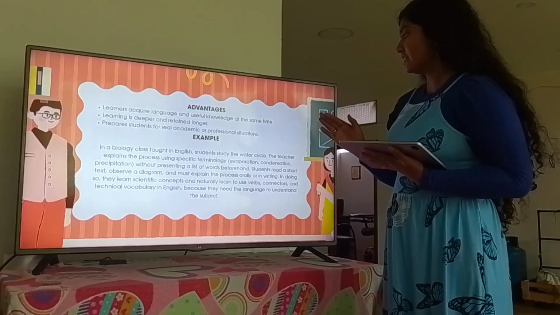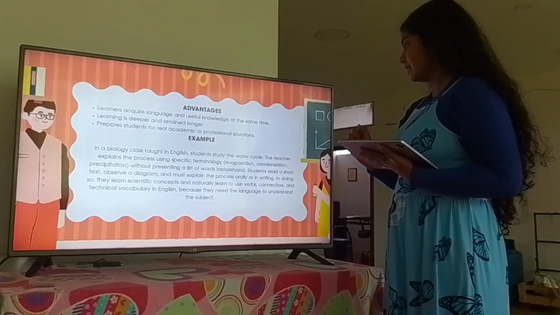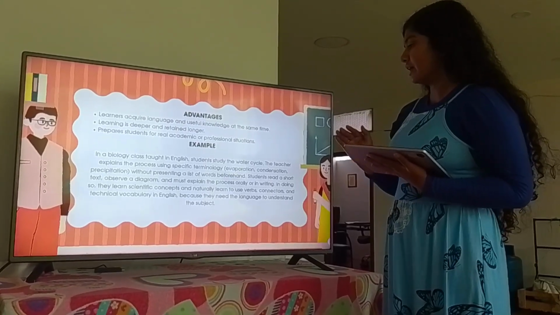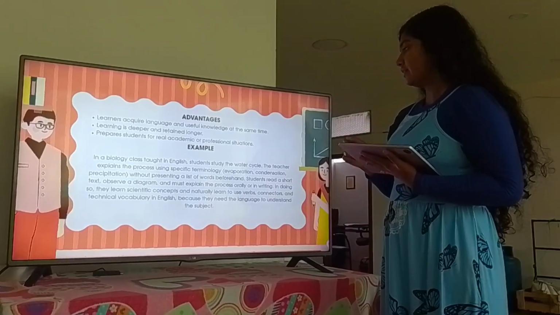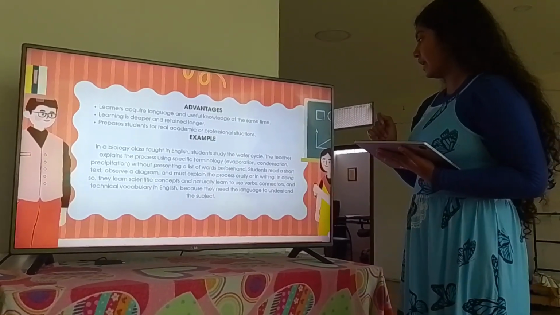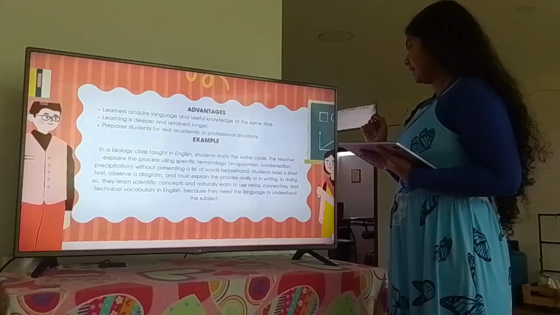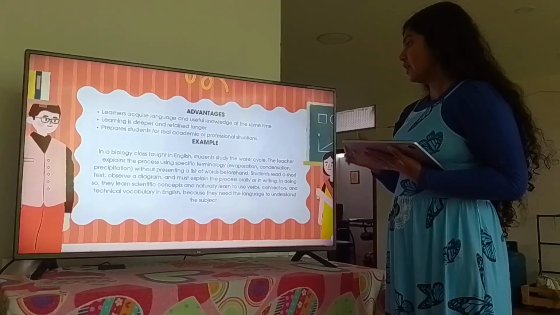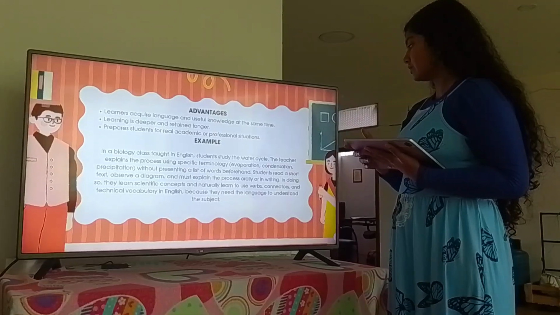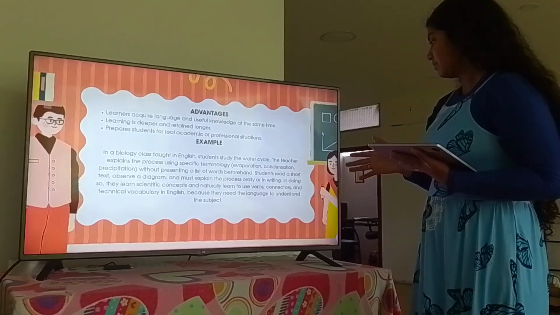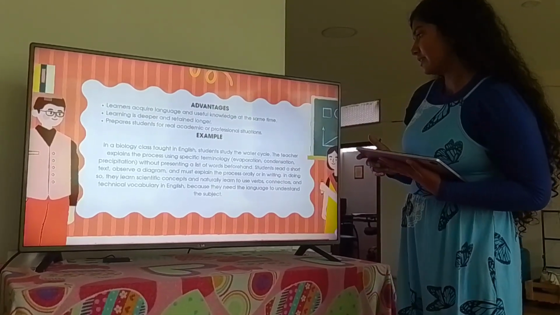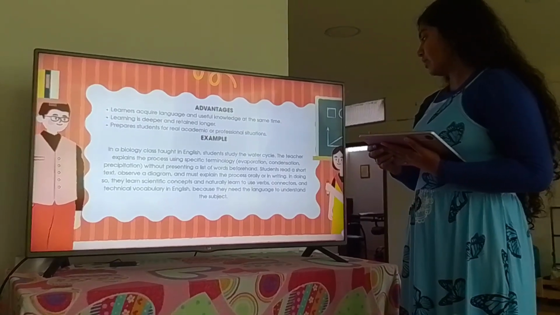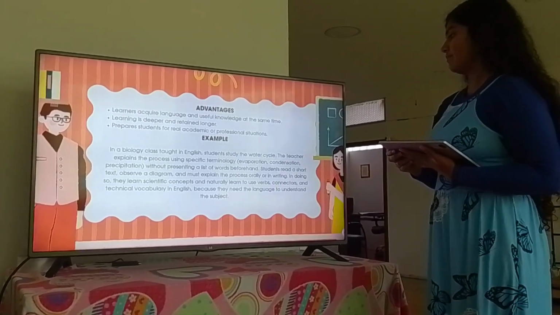Without presenting a list of words beforehand, the students read a short text, observe a diagram, and must explain the process orally or in writing. In doing so, they learn scientific concepts and naturally learn to use verbs, connectors, and technical vocabulary in English because they need the language to understand the subject.